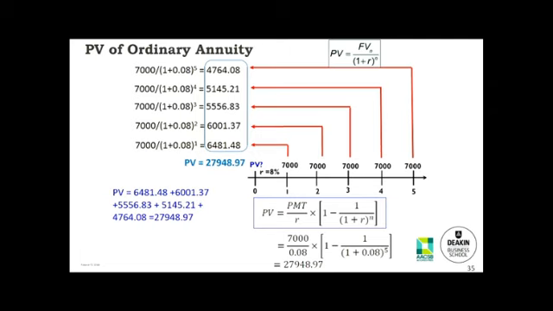Some of them were not able to identify that this is actually an annuity. Some of the students knew it is an annuity, but they just didn't know how to apply the annuity equation because it's very different from the example they did. If this is the question, you don't have to do it by using the annuity equation. Why can't you just discount it one by one, sum it together?